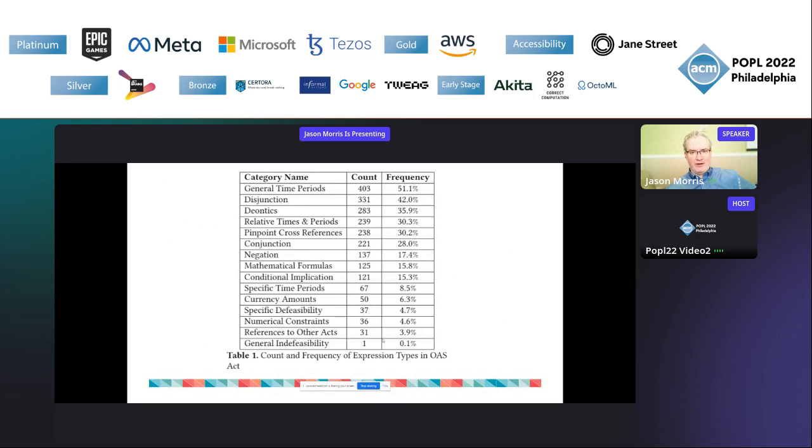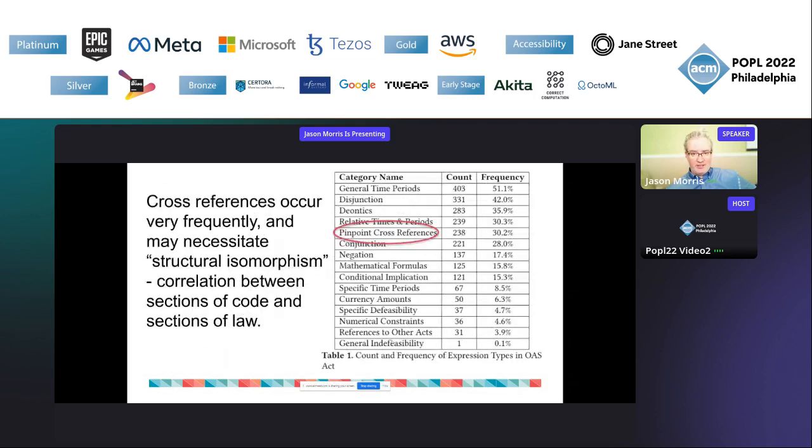Our preliminary results are here in this table. Again, there's a lot there, so I won't try and go through it all, but some things that seemed particularly interesting to me. Cross-references happened a lot more than I would have guessed.